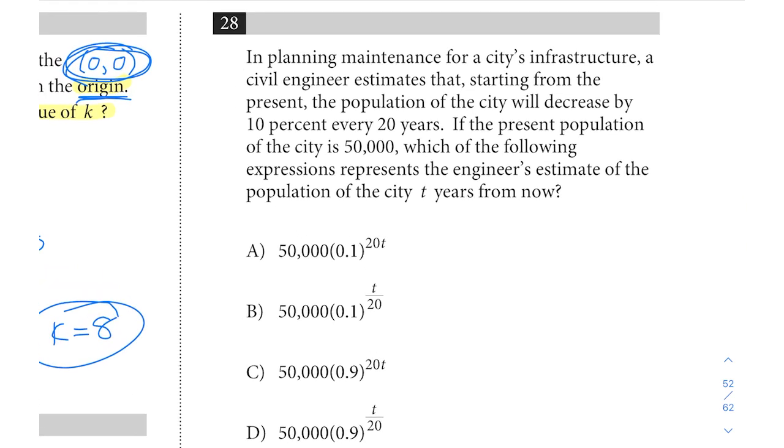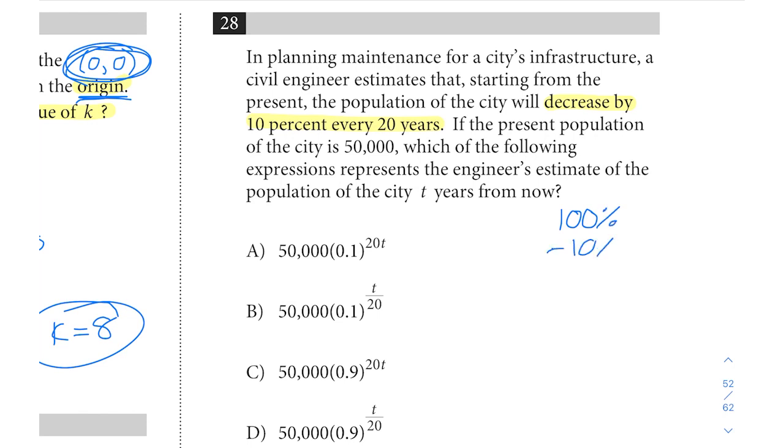Now let's take a look at 28. In planning maintenance for a city's infrastructure, a civil engineer estimates that starting from the present, the population of the city will decrease by 10% every 20 years. So let's start with that, and let's use the principle that we just looked at in question 27, which is a decrease of 10%.